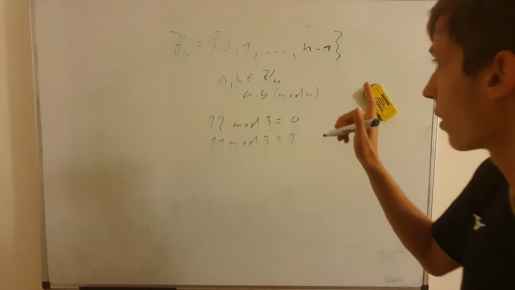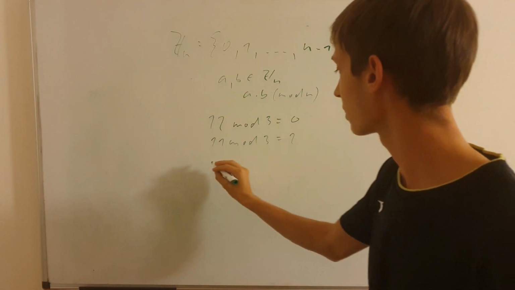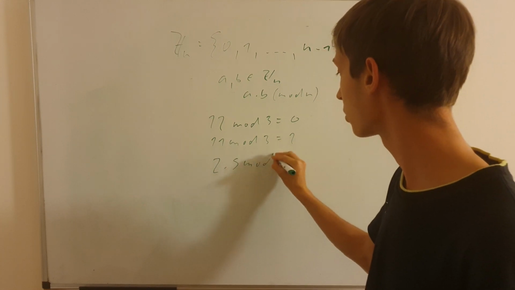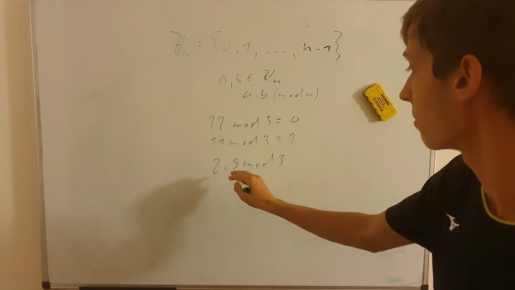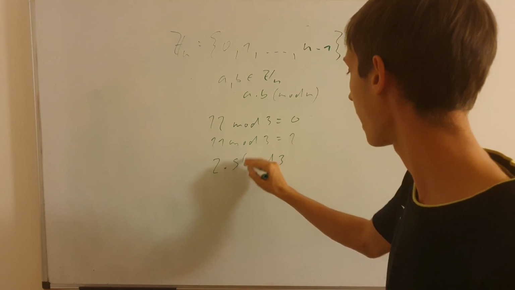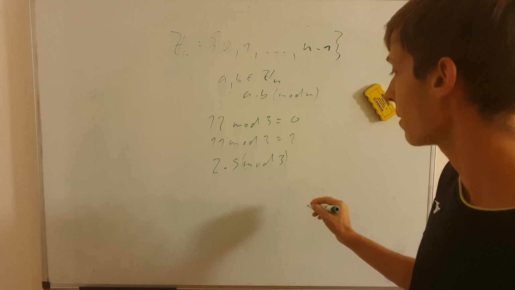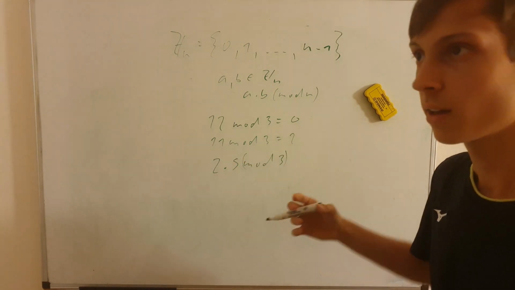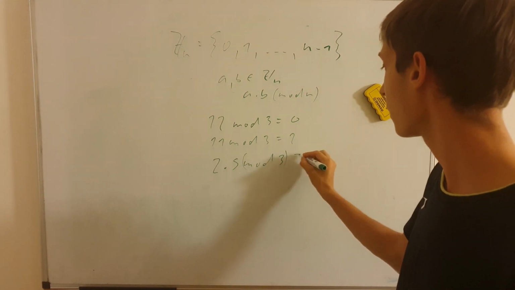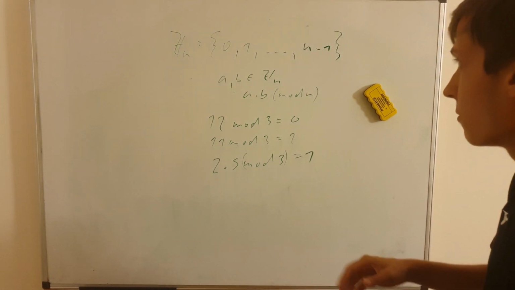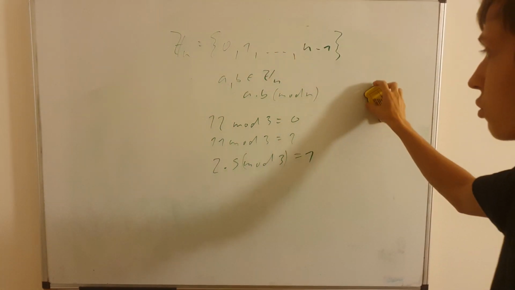So 2 times 5 mod 3 won't be 10, because it has to have mod 3 applied. Often it's put in parentheses like this. That means divide by 3 and get the remainder. So 2 times 5 in modular arithmetic mod 3 is actually just 1. And this is applied directly in integers modulo n.